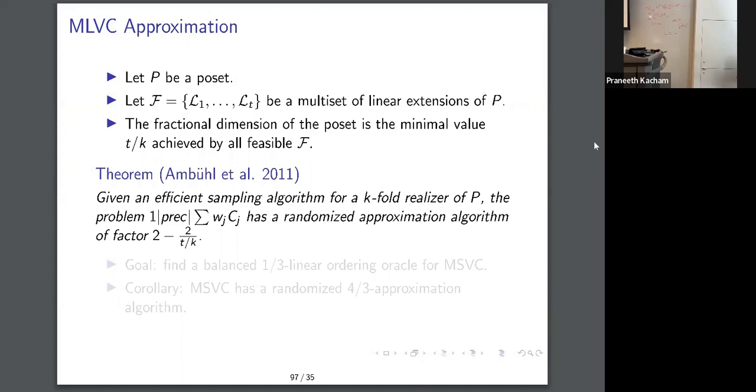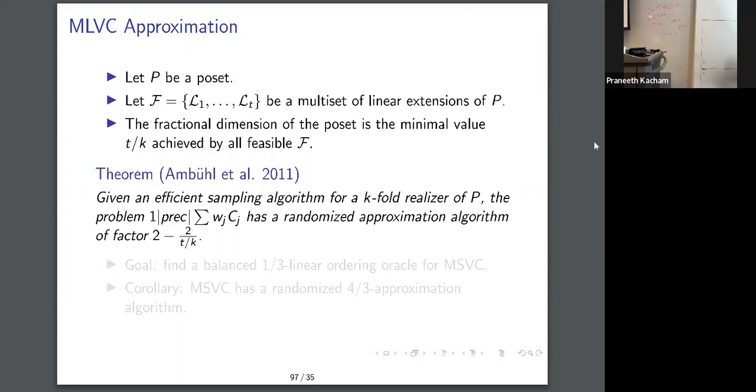But what is this parameterization there? The dimension of a DAG is defined as the minimum size of a set of linear orderings such that each two non-comparable pairs appear in both orders. So these two are non-comparable.